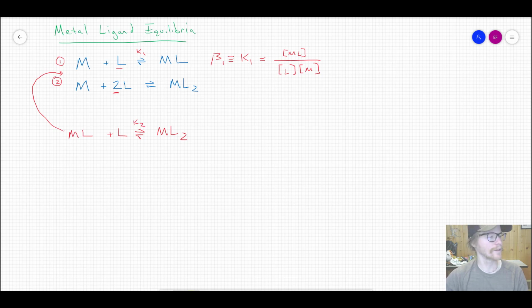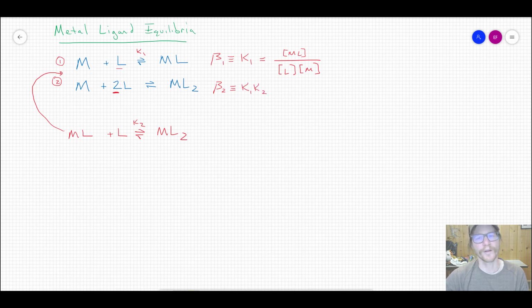But when we're talking about cumulative equilibrium constants, then we're only considering both steps simultaneously, and so we would write that as beta 2, and in that case it's really adding both steps together, where you have M plus L plus ML plus L, and then that sums up.